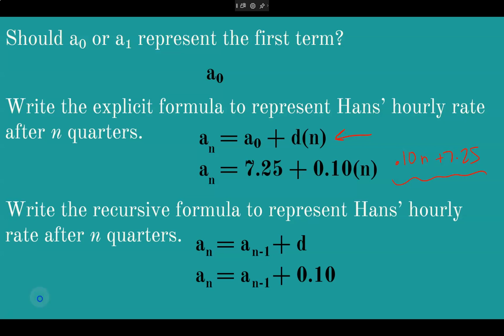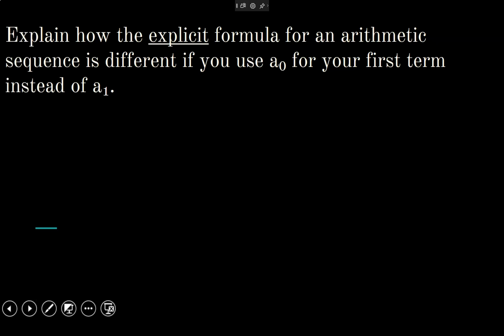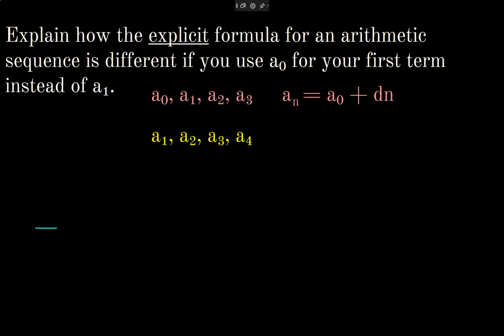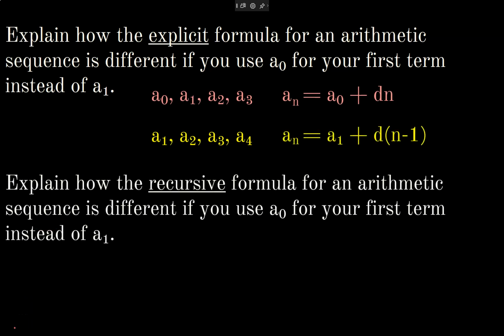So that's why I actually like it better. There are 2 different ways that we can write the explicit formula, with a sub 1 and a sub 0. If my first term is a sub 0, my explicit formula is a sub 0 plus dn. It looks more like that line format. If my first term is written as a sub 1, then we have to do a sub 1 plus d times n minus 1.